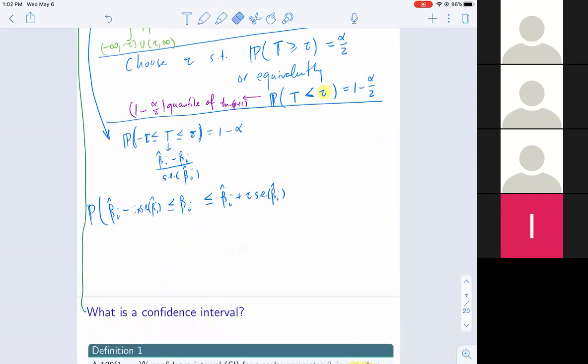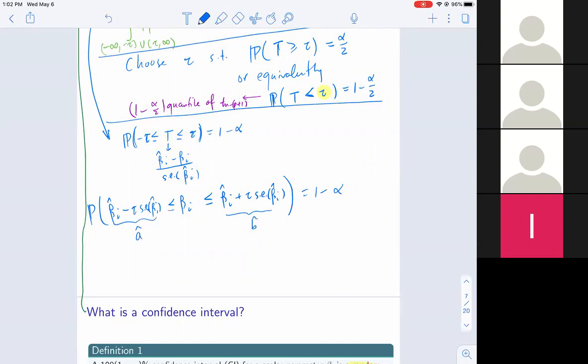This is like tau times the standard error. Okay, so if you plug this in here, and then do some algebra, you get that this is equivalent to what I've written here, and so this is going to be 1 minus alpha. You can take this as I hat in the definition of the confidence interval.